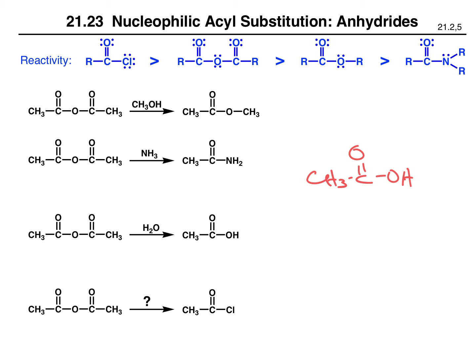Now, what if we want to consider converting our anhydride into an acid chloride? So we want to try to go the other direction. Once again, think about this competition. If we were able to add chloride, if this added here, then we're going to get to an intermediate that looks like this.